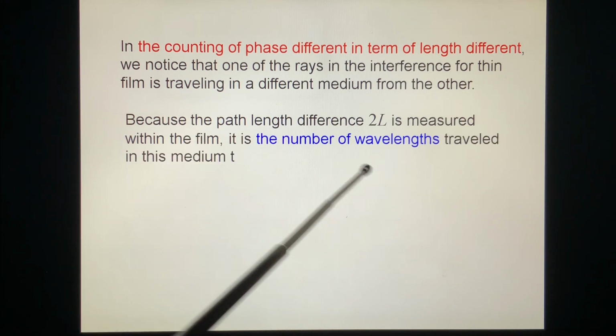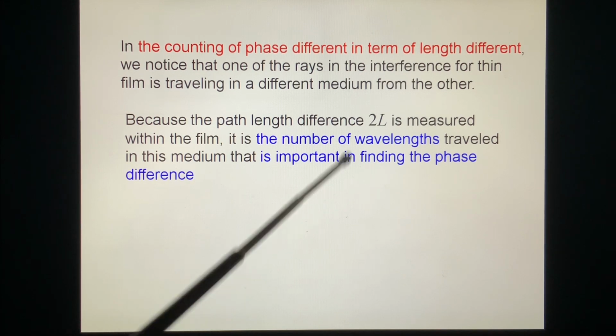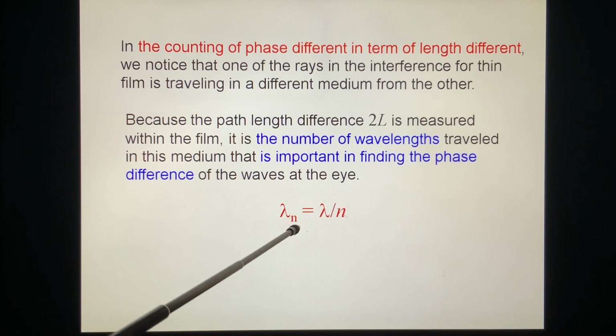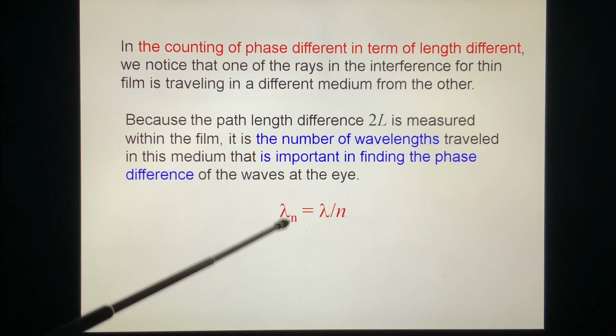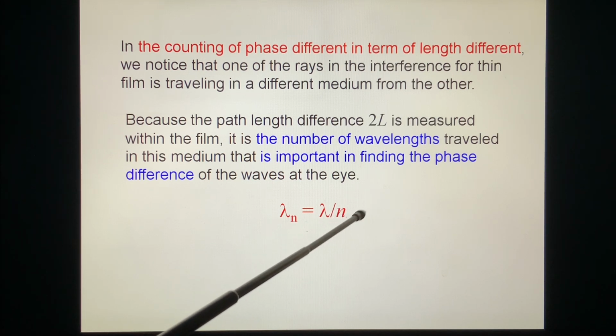It's the number of wavelengths traveling in this medium that is important in finding the phase difference. We know that wavelengths change in different media with different index of refraction, n. It will shorten. This is the wavelength in the vacuum, and this is the index of refraction of this medium.